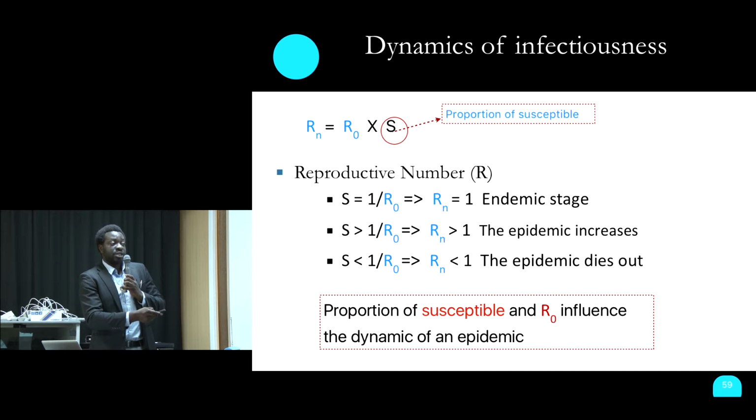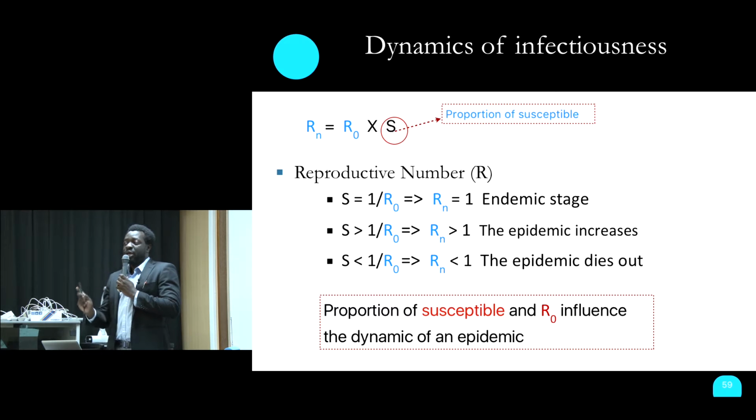If the proportion of susceptible equals 1 over R0, the reproductive number will equal 1. And when it's 1, we have an endemic stage. If the proportion of susceptible becomes more than 1 over R0, we have an epidemic. If the proportion of susceptible is lower than 1 over R0, the epidemic will die out.